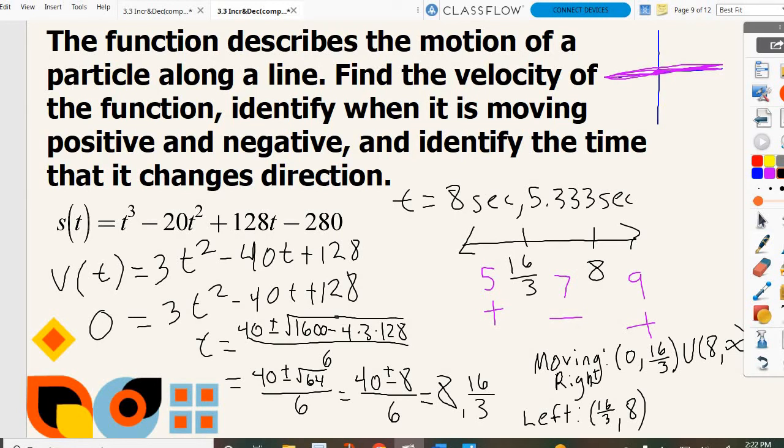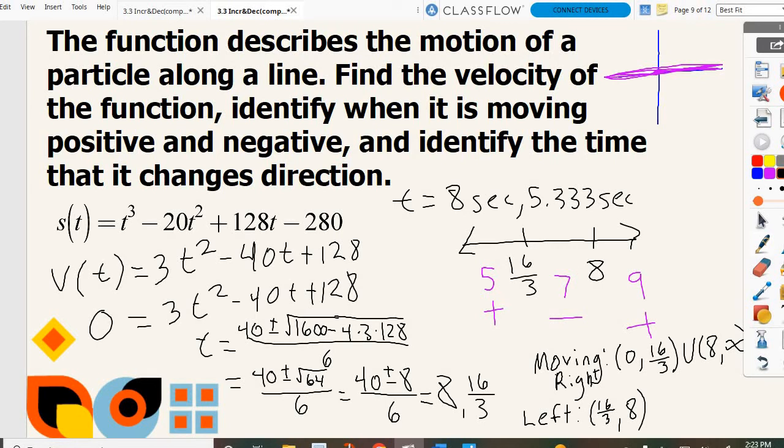What we could say, though, is the wording would be: when is the particle the furthest away from the starting spot? Does that make sense? Yeah, like one side or the other. Will it ask that ever? It could, yeah. Usually it's going to say when is it the furthest away.